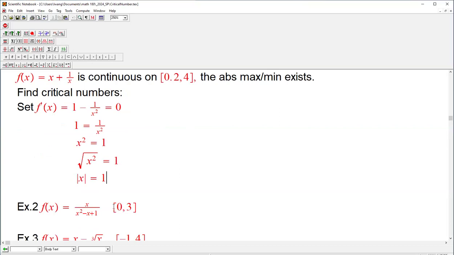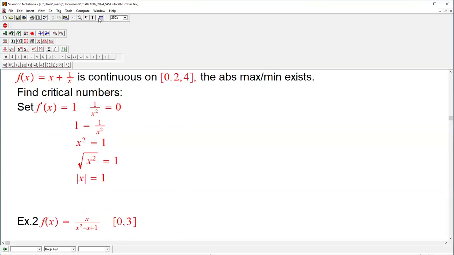The solution to absolute value of x equals 1 is x equals positive 1 or negative 1. So we have two critical numbers.